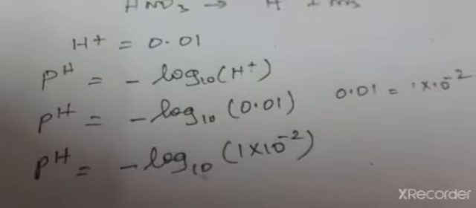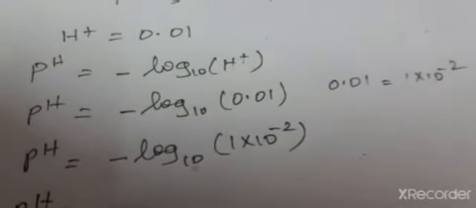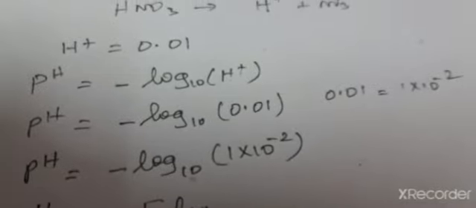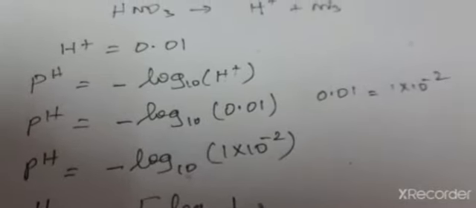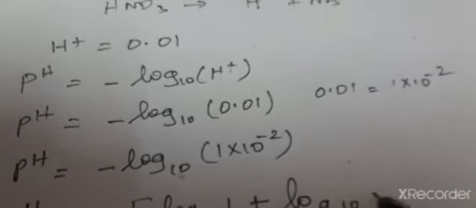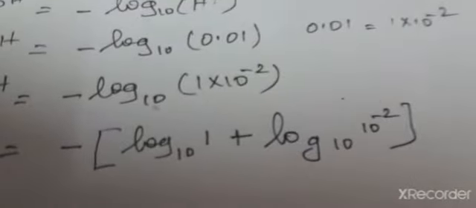That is pH is equal to minus, you can write log 10 1 plus log 10 power minus 2.